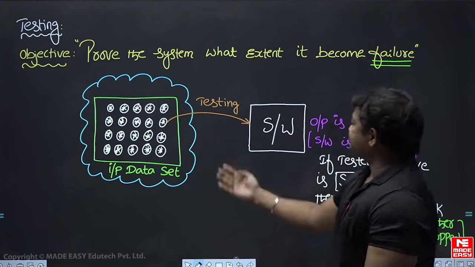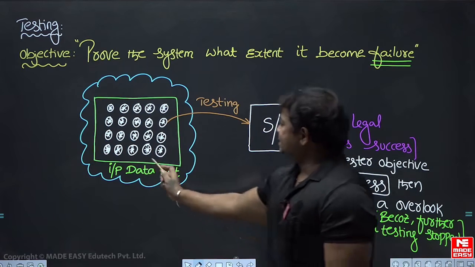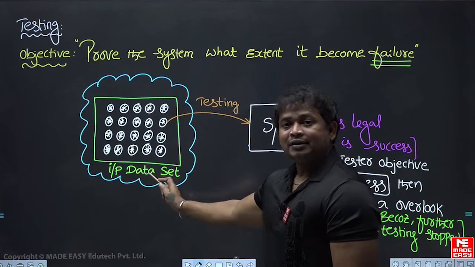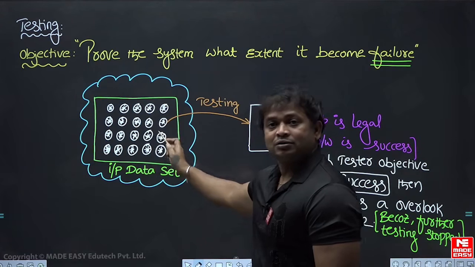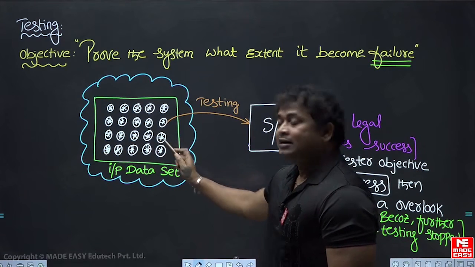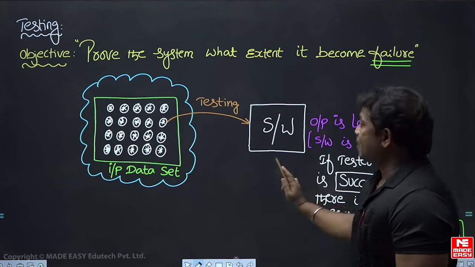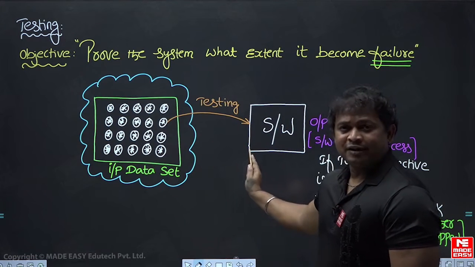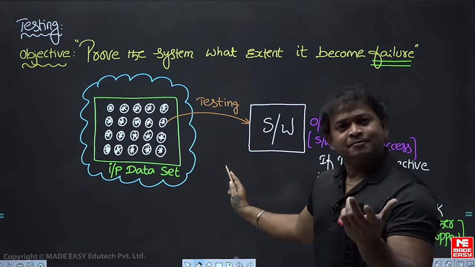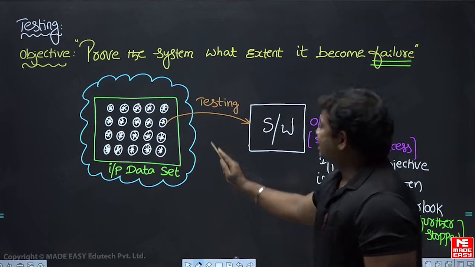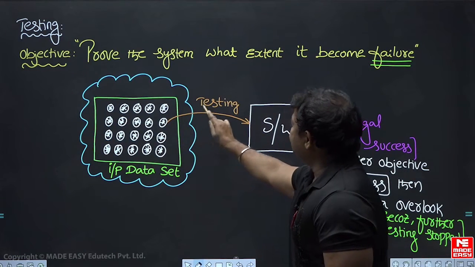See this. For example, this is the input data set. Here we have so many inputs. Now the software is ready. This is the software. When we are testing the software with the objective of success, we give one input.